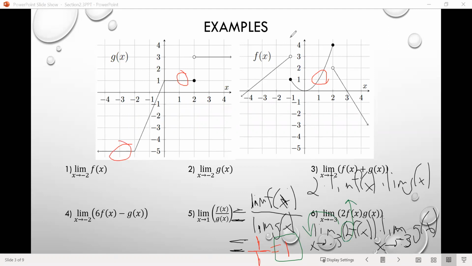It's getting closer and closer to -5. So we'll have 2 times -5 times for g of x. As we approach -3, looks like we're getting closer and closer to 1. So we'd have 2 times -5 times 1, which is -10. So that would be the answer for the sixth one there.